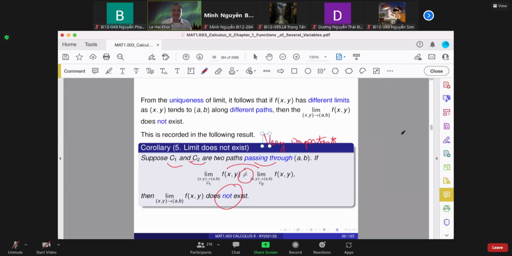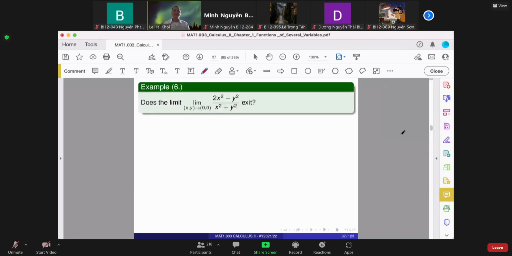So, for example, now you see, does the limit exist? And I want to show that no. I want to show that no. For which I need two paths passing through the origin, along which you have different limits.